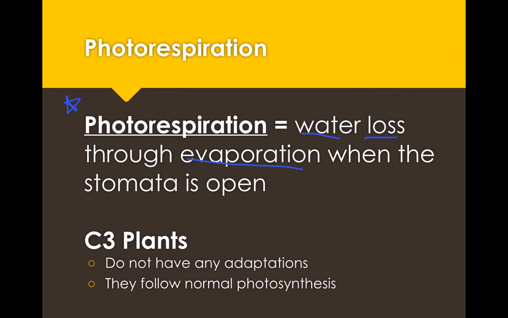Just like if I pour water out on a hot day, it evaporates. If the plant has the stomata open, water can be lost through evaporation, which is bad, because remember, plant cells want to be quite full with water. They don't want to be losing water.